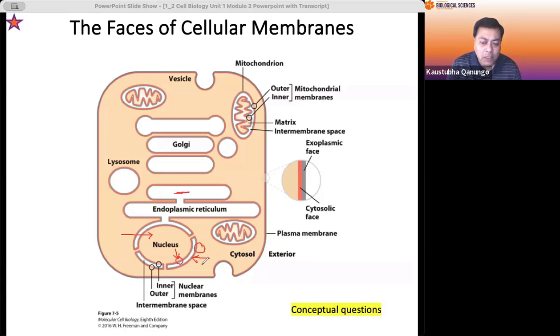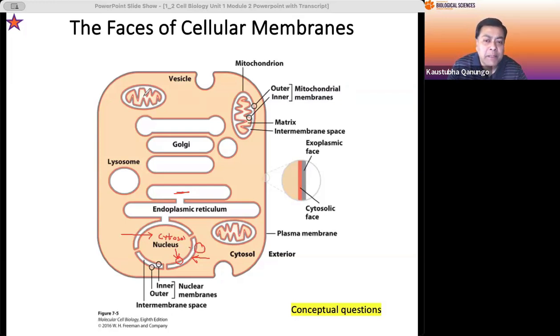The cytosolic part is cytosolic, so that's orange, and the luminal part is the exterior part, which is gray. Whereas for the nucleus, the nucleoplasm is equivalent to the cytosol. So going from here, this outer part is orange, which is a cytosolic phase, and then this gray part is facing the white luminal phase, or the exterior phase.